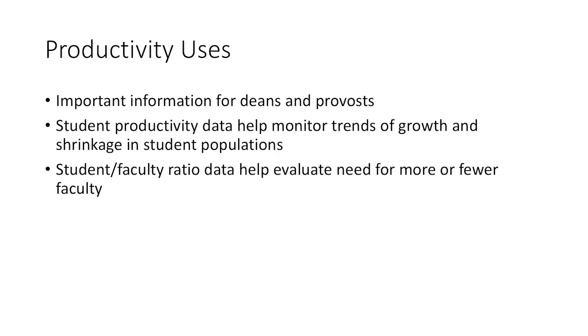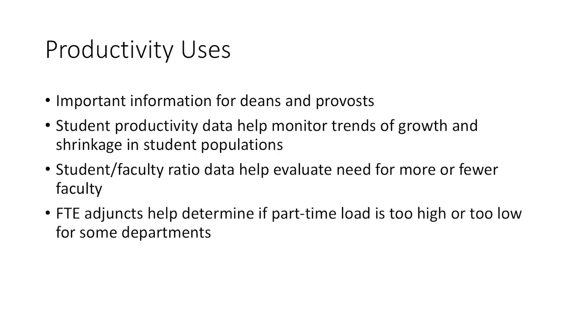If I were being asked to hire a new faculty member in a department, the first thing I would do would be to go look at the student-faculty data in a productivity study, and I would also look at the FTE adjuncts to see, do you really need a new full-time faculty member, or could you just hire an adjunct faculty member?